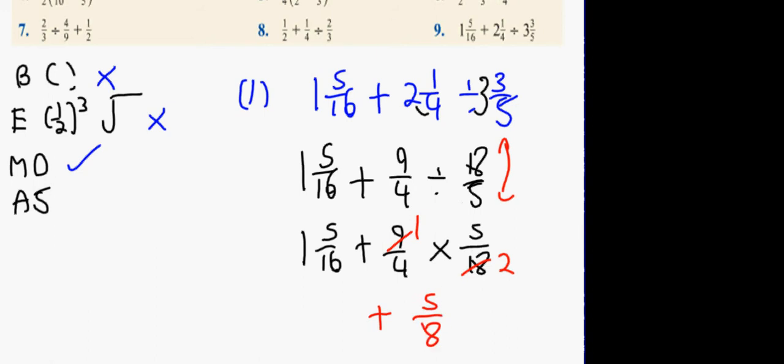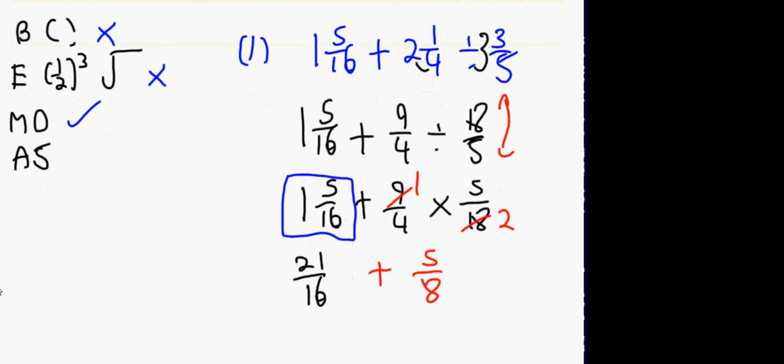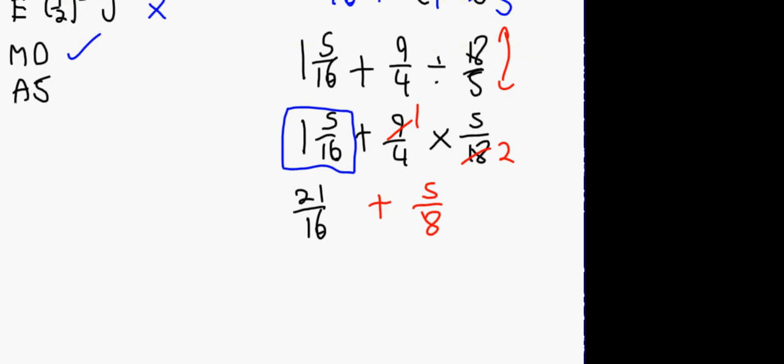So 1 and 5 over 16. Now, we need to convert this into top heavy. To convert this into top heavy, we're going to get 21 over 16. And what do you do now, Stephen? Well, you can add them. But you need to get what before you add them?